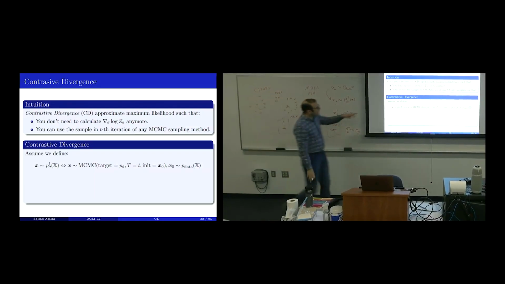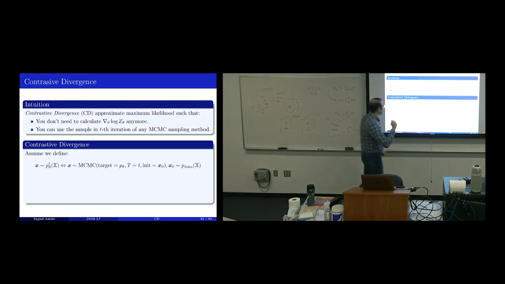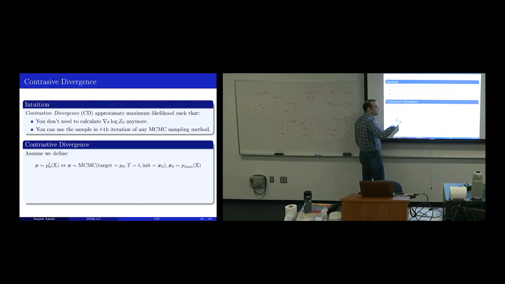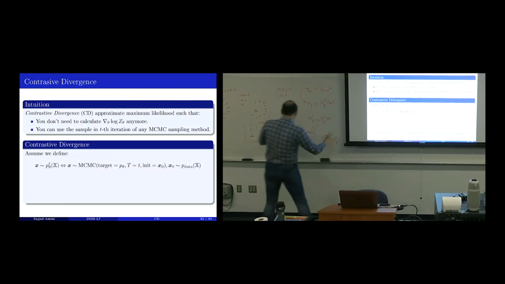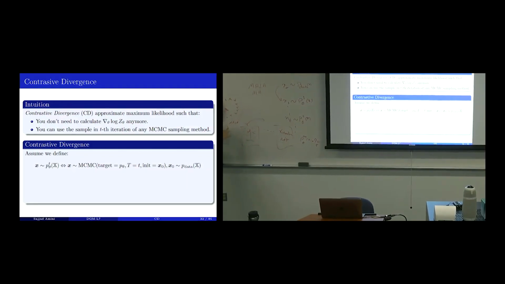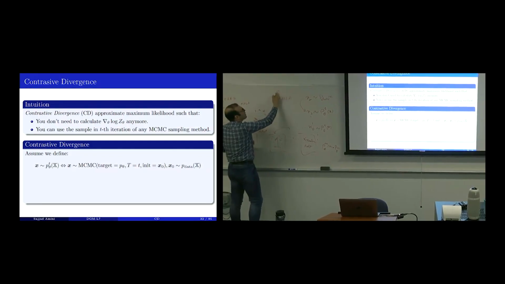I said that if I pick the first sample from the data, then after T iterations, I can claim that I have a new distribution, P theta T of X, and this new distribution is a function of your energy model now, because you take some steps using its gradient. For example, assume that you use MALA. Forget about the MH, because in MALA, it is definite that you are using the gradient of energy.